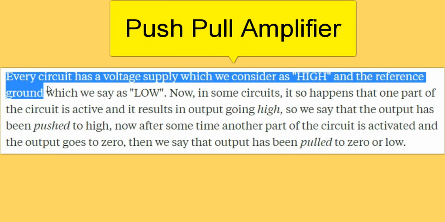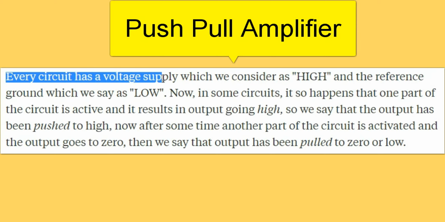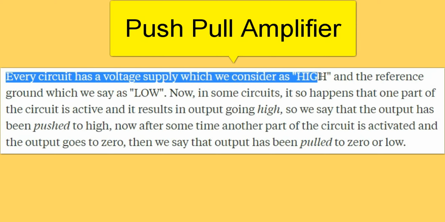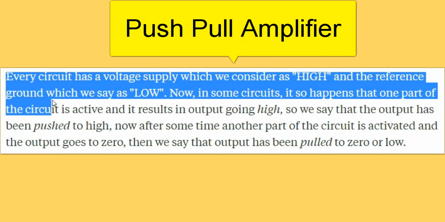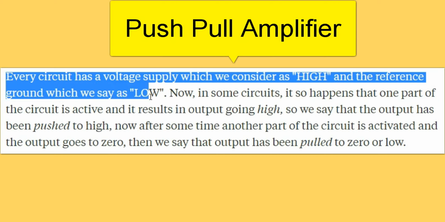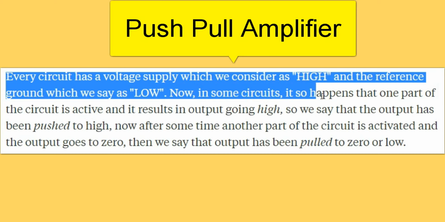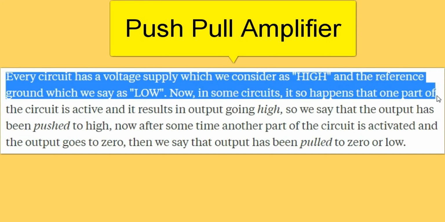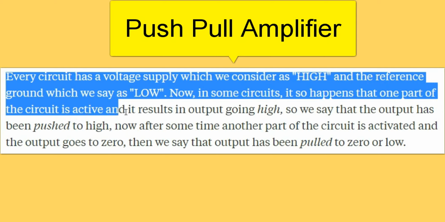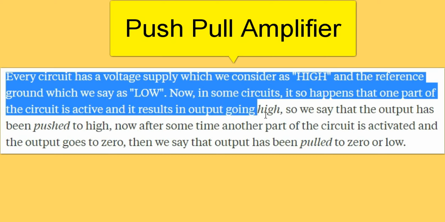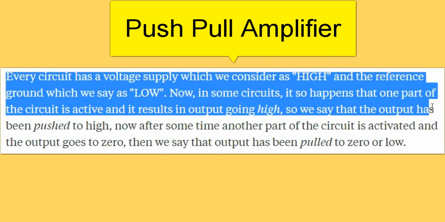Today I am going to discuss the push-pull amplifier. Now what is the meaning of push-pull? When some part of the circuit is active, that is, its output is going to high, then we say that the output has been pushed to high.